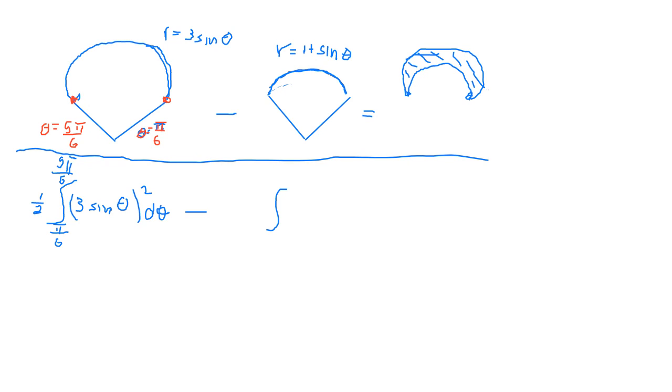And then the second integral goes from pi over 6 to 5 pi over 6, where you have, we're subtracting here, 1 plus sine theta, squared. Does this help you to see why we subtract those two integrals?